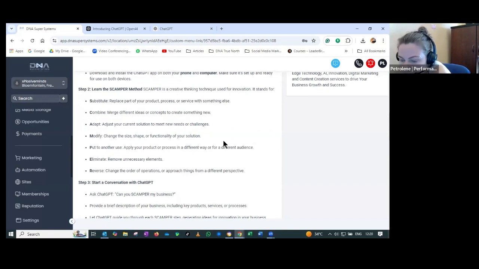So it was: substitute, replace part of your product, process, or service with something else; combine, merge different ideas or concepts to create something new; adapt, adjust your current solution to meet new needs or challenges; modify, change the size, shape, or functionality of your solution; put it to another use; eliminate; reverse. You can Google this, it is available on the internet.